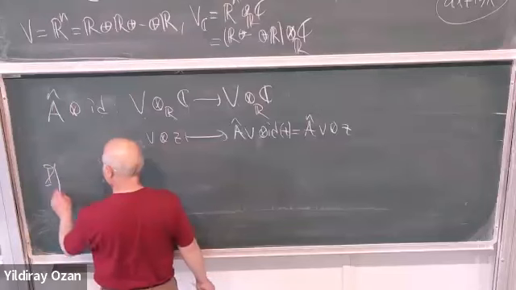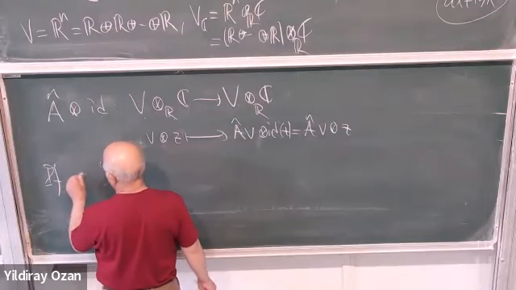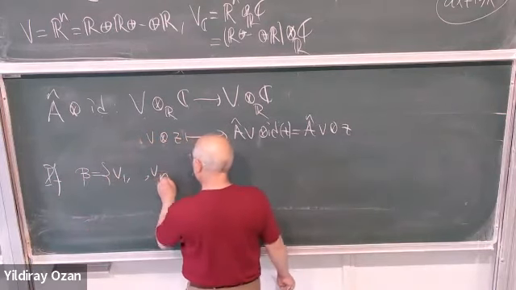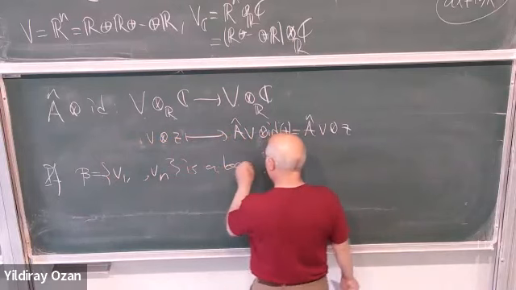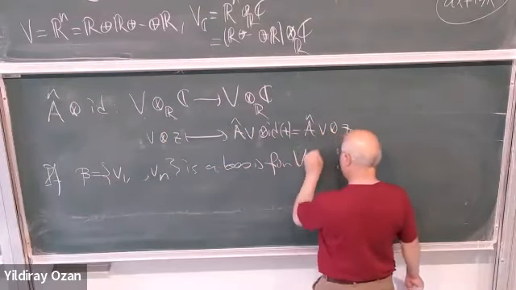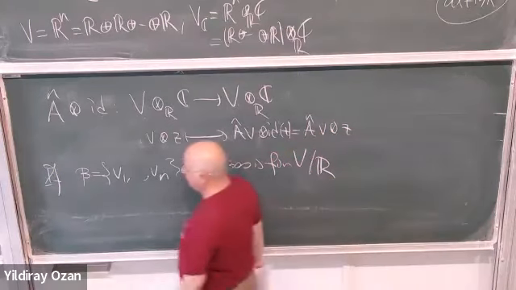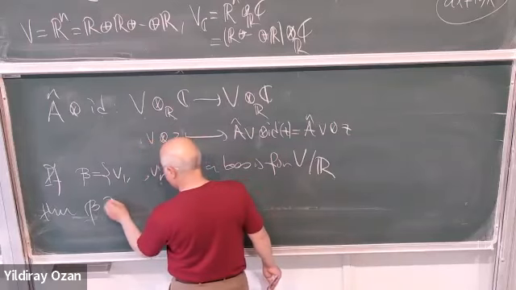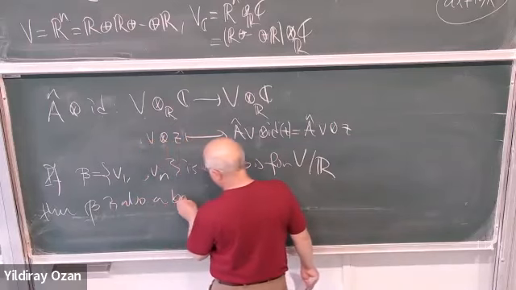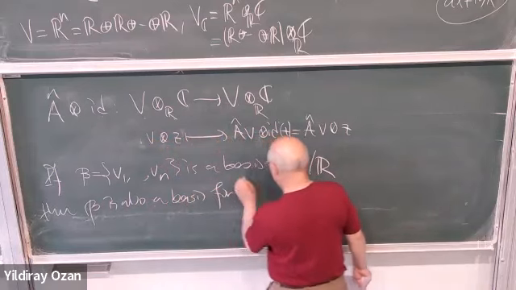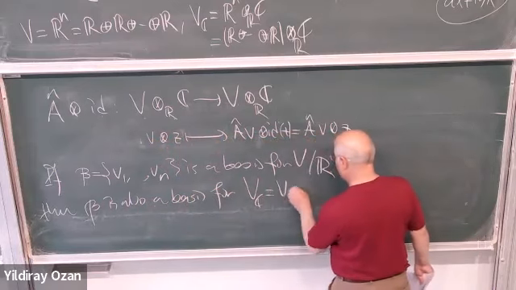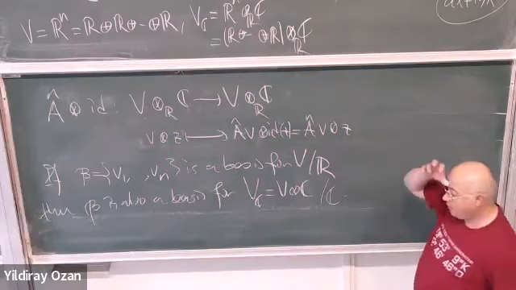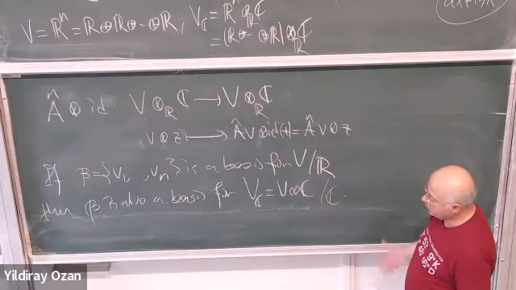If beta is the basis for B over R, then the same set is also a basis for B sub C, which is B tensor C over C. Yani aynı basis yine baz olacak.